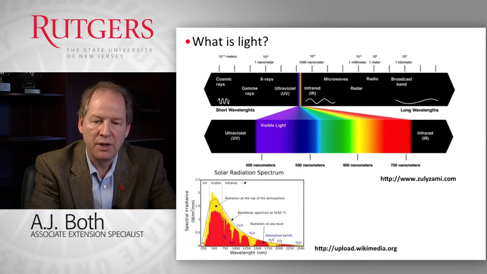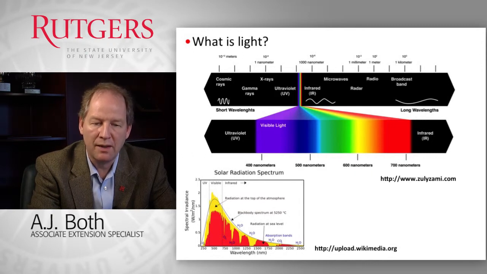So the picture here shows you how visible light relates to all the other components of the electromagnetic spectrum, and it also shows you the solar radiation spectrum. And typically we identify different regions of the electromagnetic spectrum by the wavelength. When you think about light in terms of waves, we can associate a number to the wavelength, and then we can identify specific regions.